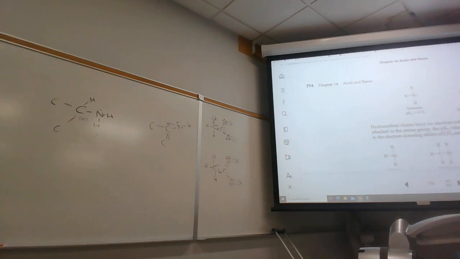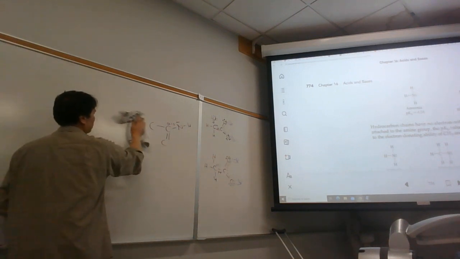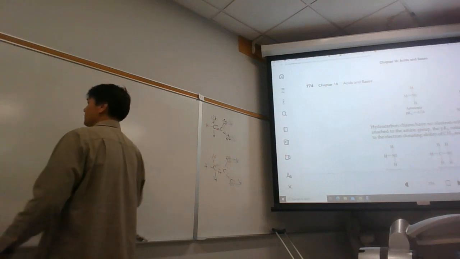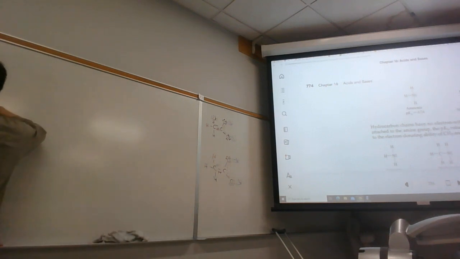Phenol should be stronger. And why is that? Because due to delocalization, we could resonance delocalize these in there. Or we look at the conjugate base. The conjugate bases are going to be quite a bit different, and so most of the argument goes by the conjugate base.